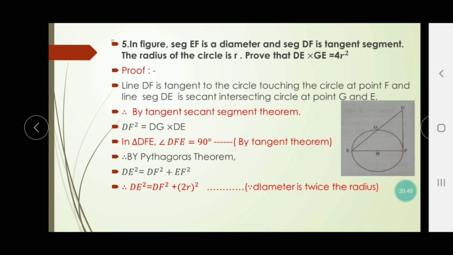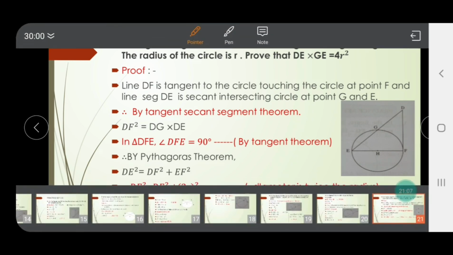So the equation is DE square is equal to DF square plus 2R whole square. Square of 2R is 4R square, right? So the equation is DE square equal to DF square plus 4R square.